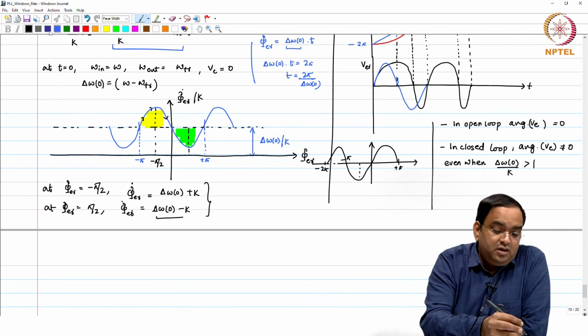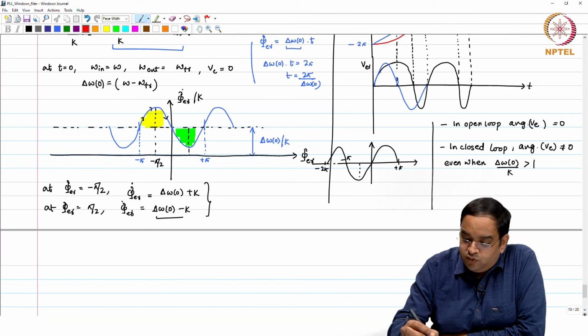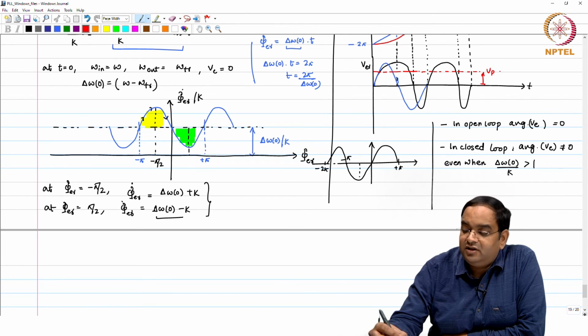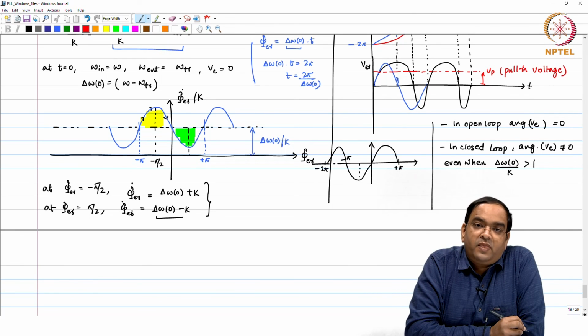Okay. The DC value, the average value of this V error voltage which you see here in black, whatever that value Vp is, is called the pull-in voltage. Okay. There is a meaning attached to it which we will see later. Okay. So, this is the pull-in voltage.